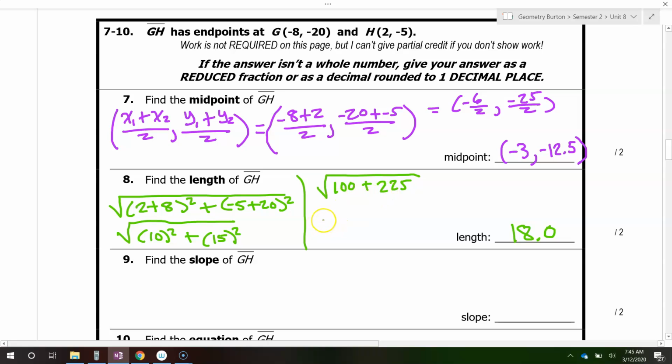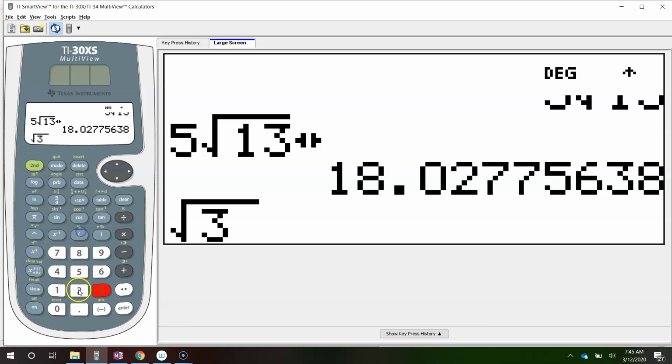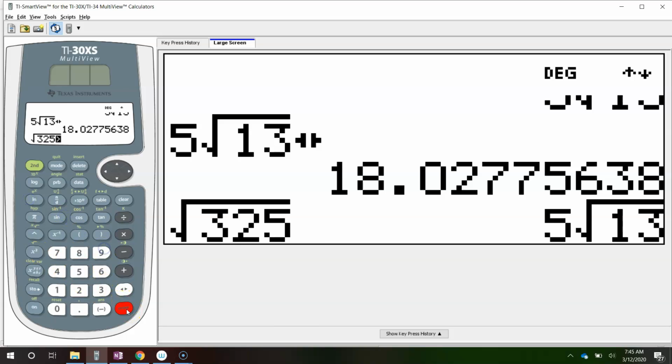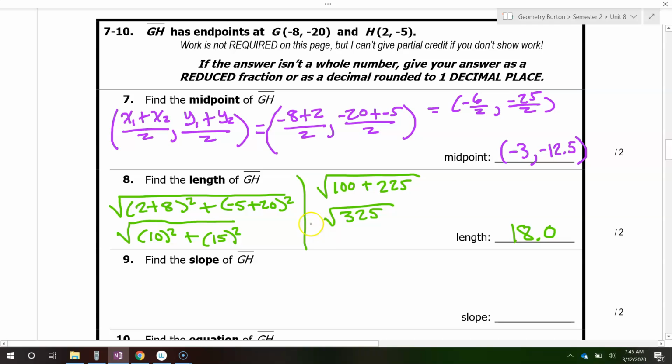So together that makes 325. So maybe you would have done all that work by hand. And then you would have done the square root of 325. But that'll give you the same answer, of course. So that's how you find the length of a segment.